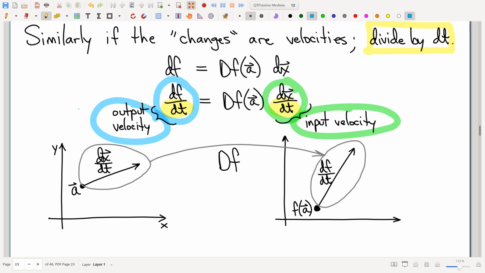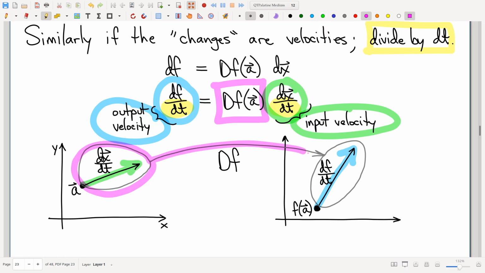So now again, check it out. DF again is relating inputs to outputs. This time, not differentials to differentials. This time, velocities to velocities. Both, though, still represented with vectors. Right? So now it looks like we've got the same picture as on the previous page here, but it's not.